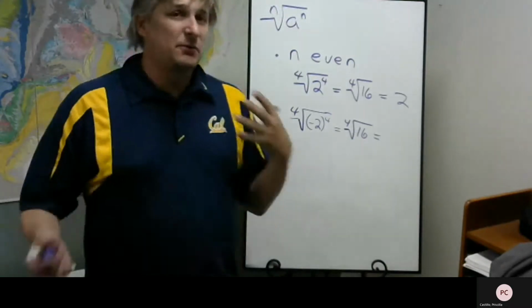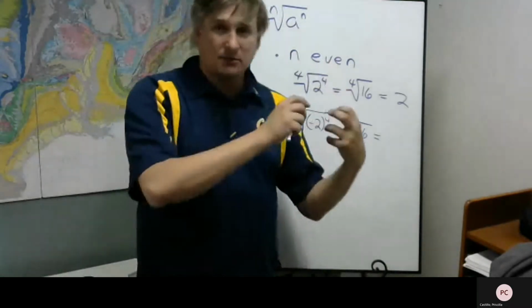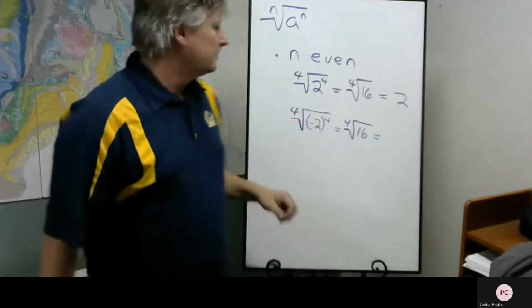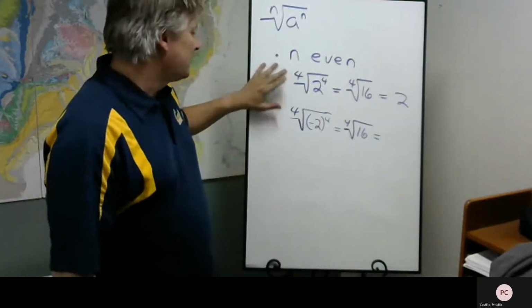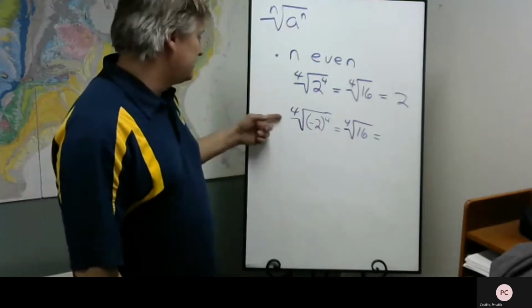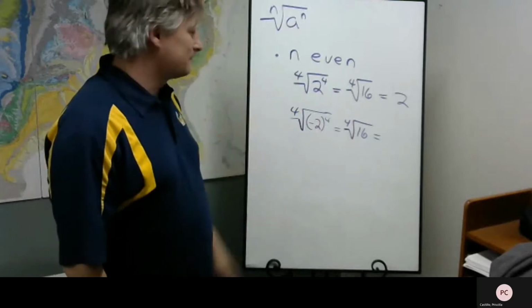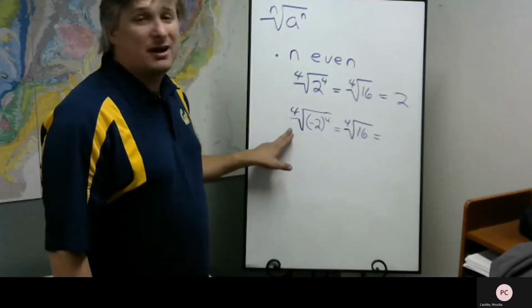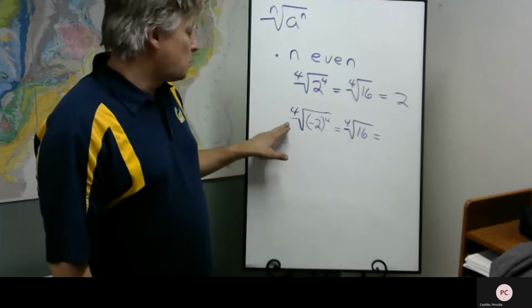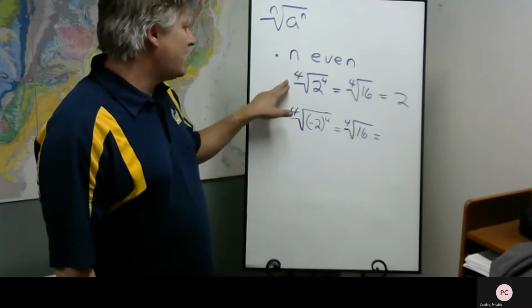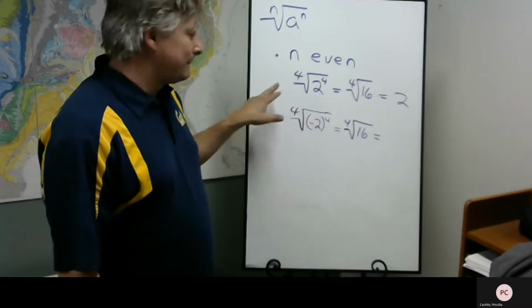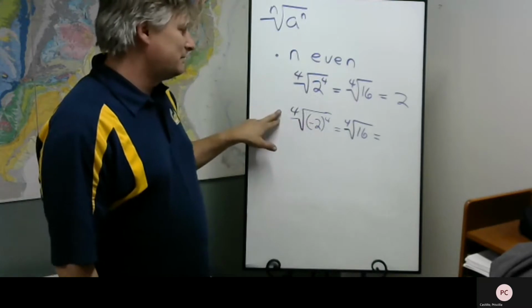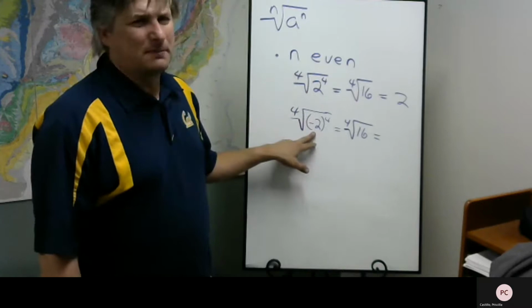They differentiate between the positive root and the negative root, with positive having nothing in front of the radical, and the negative root having a negative in front. This is a positive root. So the way to read this is the positive even root of 2 to the 4, positive even root of negative 2 to the 4.